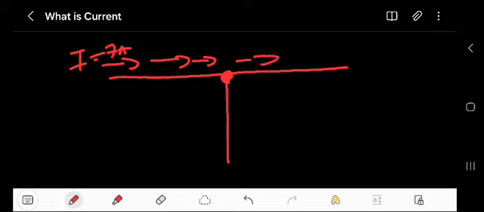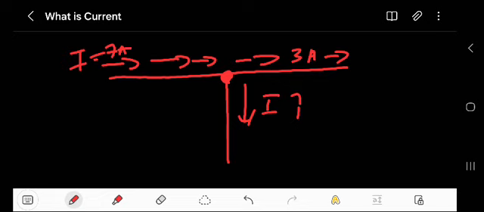We have a dot like this. Let's say 7 amperes of current is flowing through this direction. As it flows here, 3 amps flow in that direction. What will be the current that is flowing downwards?